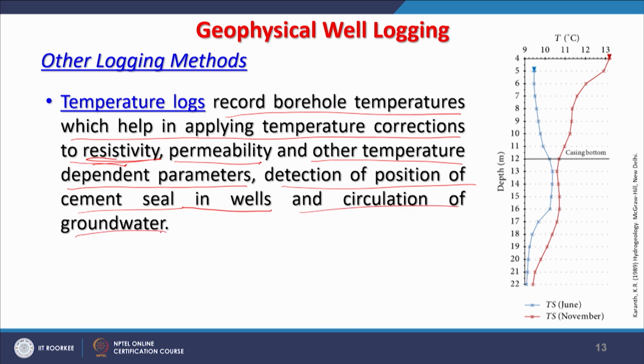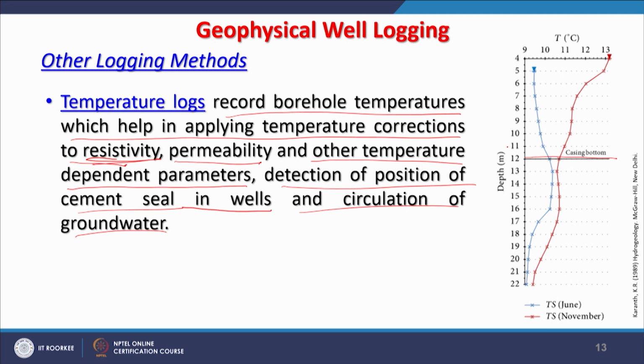Here these two are shown for two different months, the temperature records, and the temperature is varying with depth. See, this is the casing bottom, which is marked. The top part is showing a lot of variation between November and June, but in the lower part, below this casing bottom, you do not see much variation compared to the top part of the bore well.